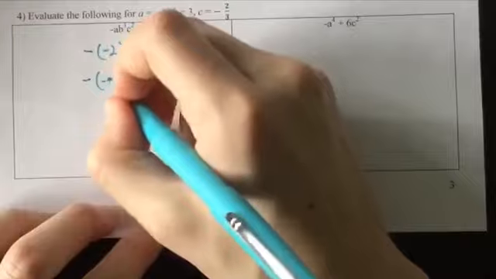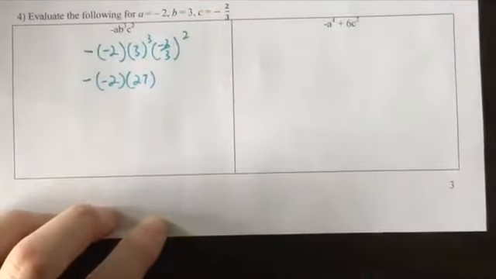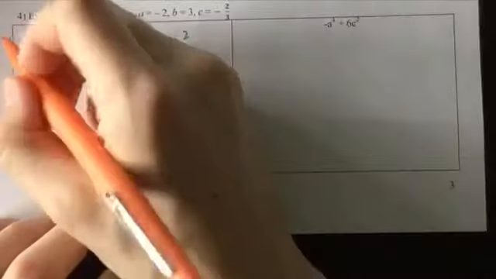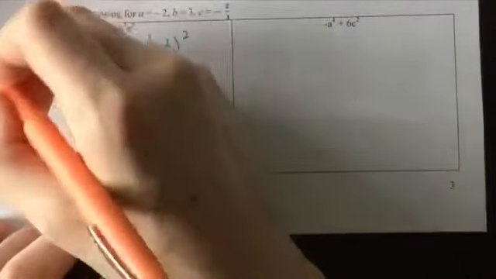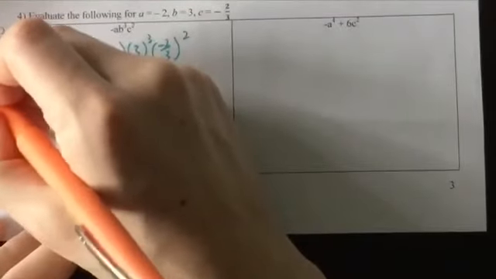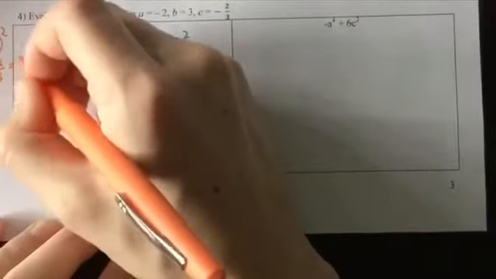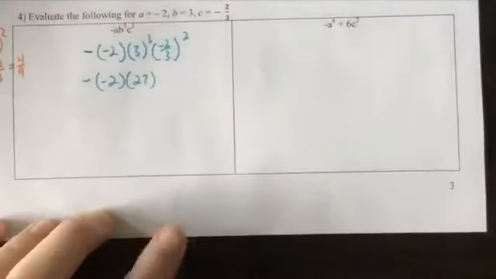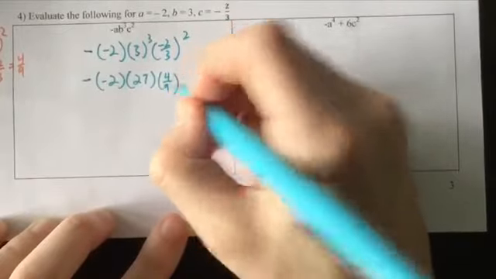Okay, now remember, order of operations, we're going to do our exponents first. So it's going to be -2. 3 to the third is 27. Now that -2/3 squared, if I go off to the side and think about what's going on there, -2/3 squared tells me the base is -2/3. So -2/3 times -2/3 gives us +4/9. So that's going to be times +4/9.